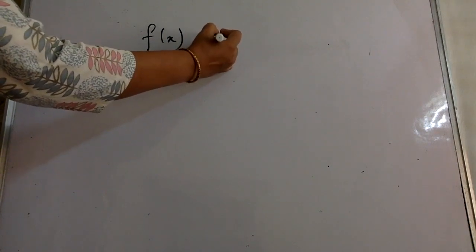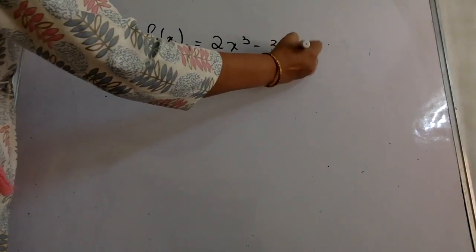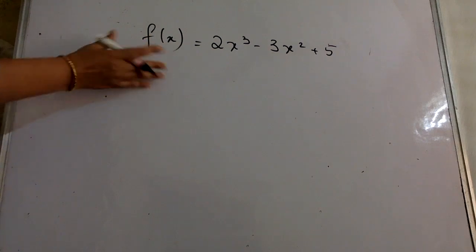In remainder theorem, supposing you have a polynomial f(x), and f(x), let's say, is equal to 2x cube minus 3x square plus 5. This is a polynomial.